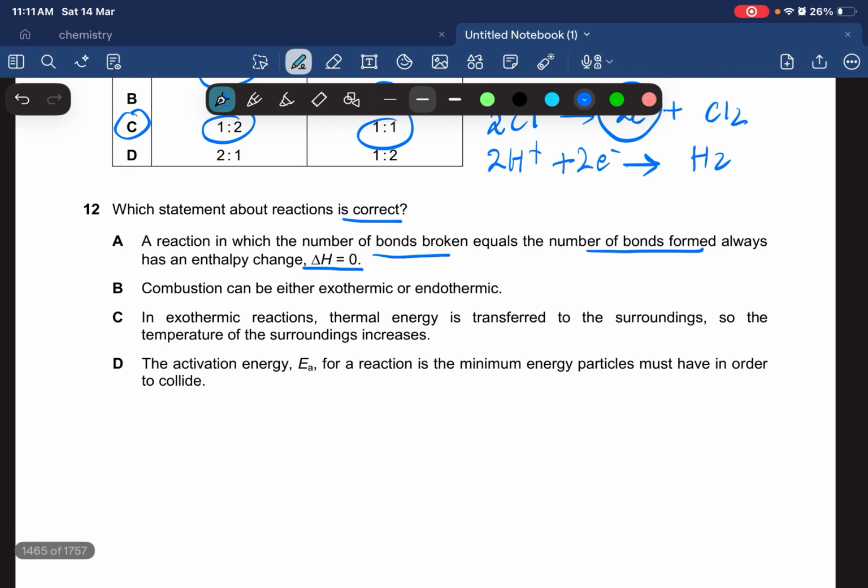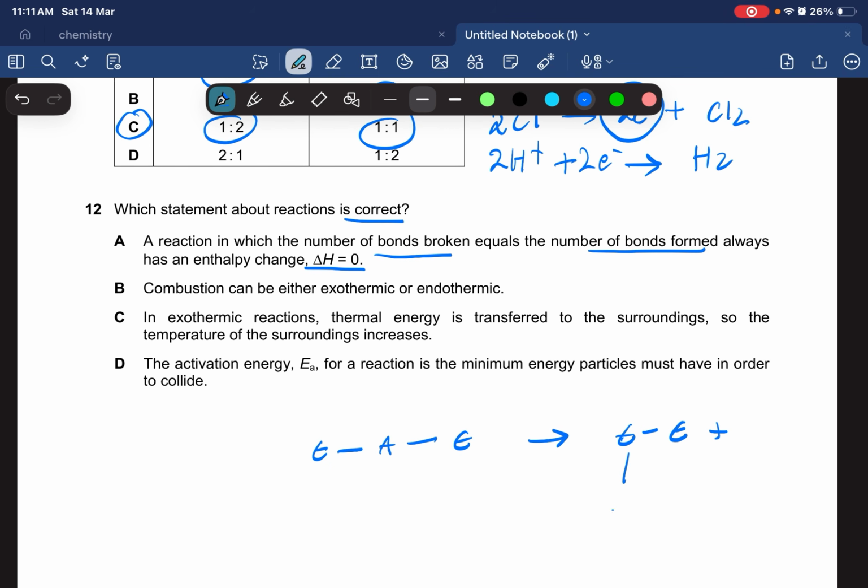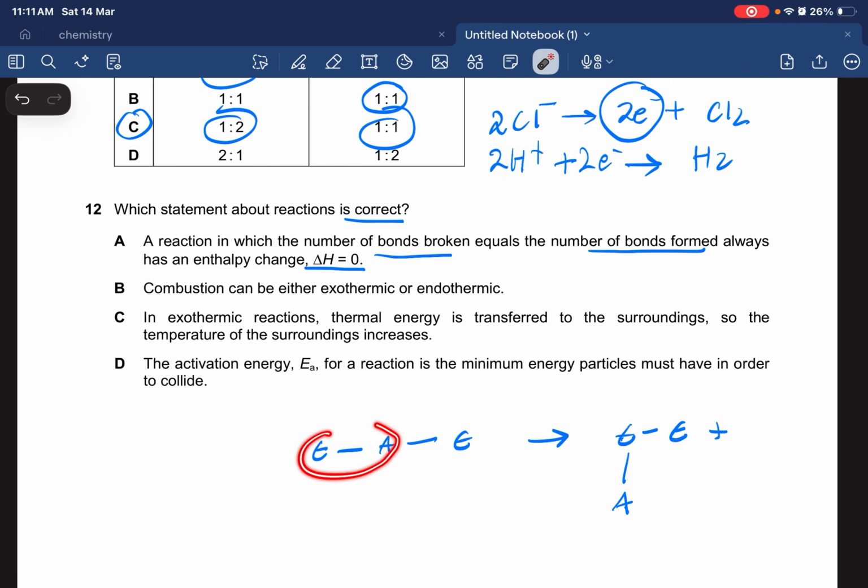I tell you that you have E-A bond, A-E bond, and now you're forming E-E bond plus A-A. So over here, the bonds you're breaking are the EA bond and AE bond, but the bonds you're forming are the EE bond and AA bond. In total, you're breaking two bonds and you're forming two bonds.